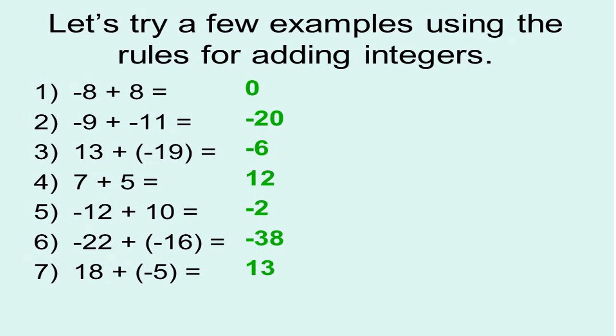Negative sign will be there, because the greater number is 22 and it's having a minus sign, or because both the integers are having the same sign. Then 18 and minus 5 are to be added. Again, one positive, other negative. So 18 minus 5 is 13. 18 is greater. 18 is positive. So 18 plus minus 5 will be 13.